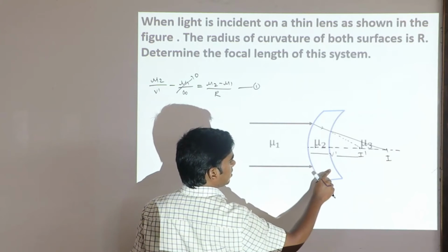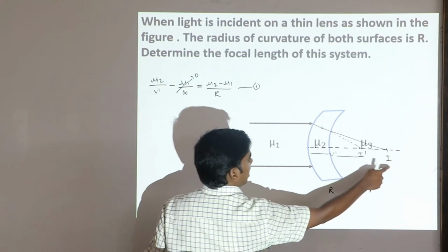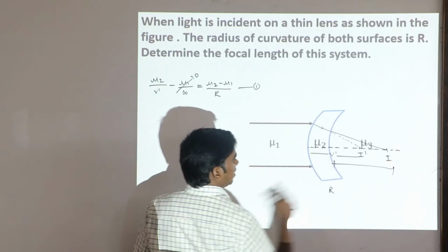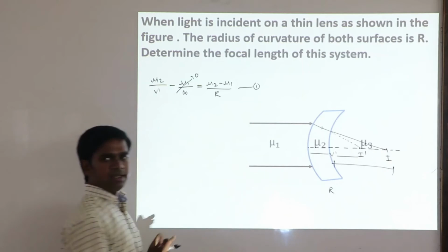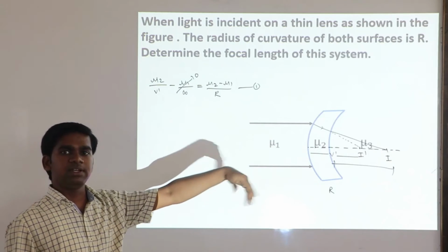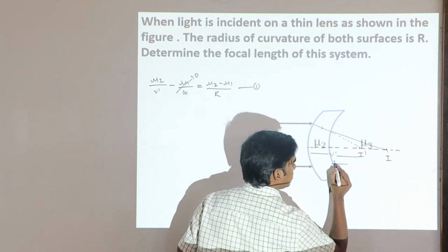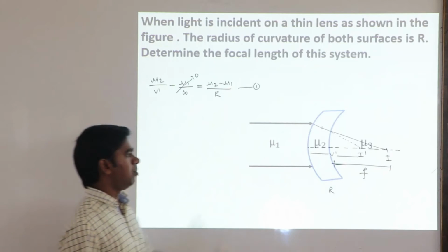For the second surface, this is going to be the object distance, and the image distance is from here to here. But what is this distance? If you take this as the whole length, when a parallel ray of light is incident, it will converge at its focus or principal focus. That means this distance is the focal length of the combination.